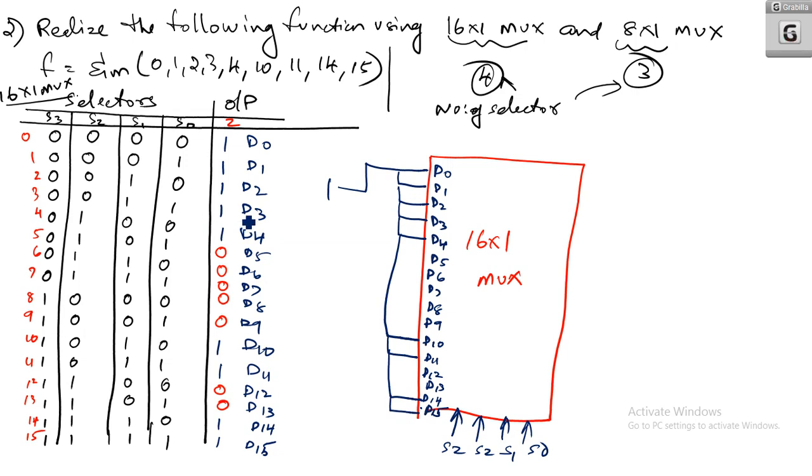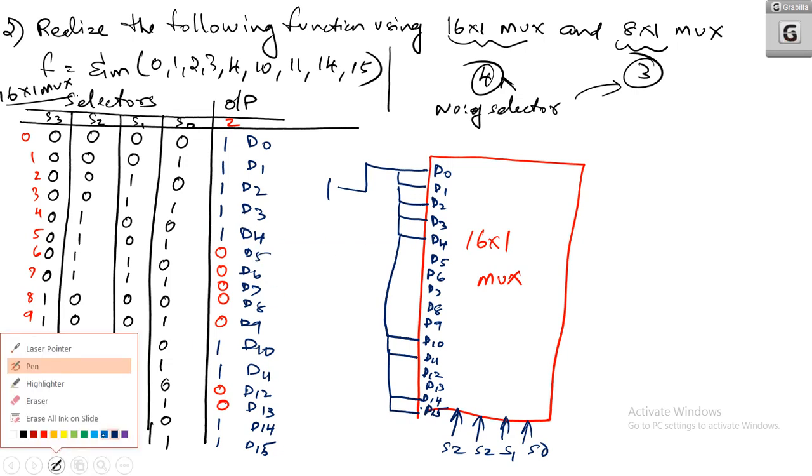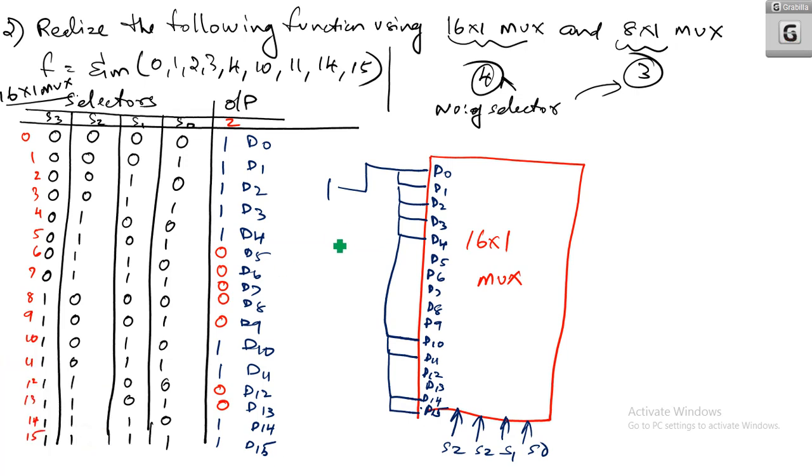For these values you should give the input as 1, and for all other values you should give the input as 0. So D5, D6, D7, D8, D9 are 0, D12 is 0, D13 is also 0, and you will get the output as Z.